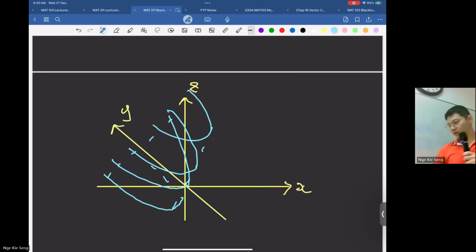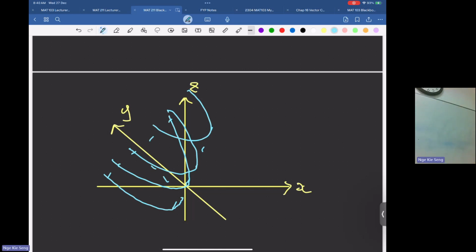Imagine or not? So let me show you. You have X squared like this, so it extends like this. Can you see or not?